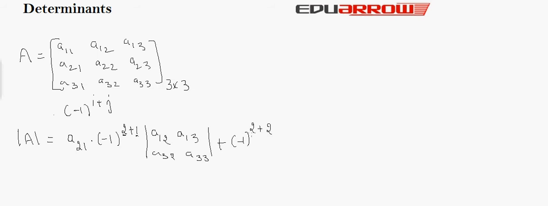Now we are finding along the second row and second column, so the common element is A22 and the remaining elements are A11, A13, A31, A33, plus minus 1 to the power 2 plus 3, second row, third column.